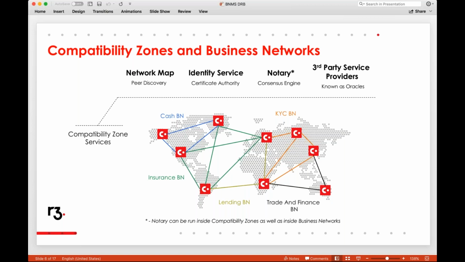Does it make sense? Just to clarify then, something like a business network, say for example the mortgages business in the UK, involves a number of different actors.